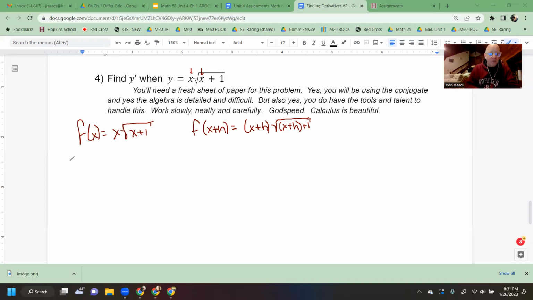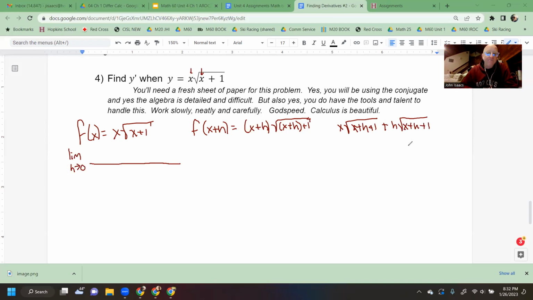Okay, let's start the limit, as h approaches 0. First we need f of x plus h. Now I look at this and I think, do we want to maybe distribute this out? Distributing out would look like this: x times the square root of x plus h plus 1, plus h times the square root of x plus h plus 1.